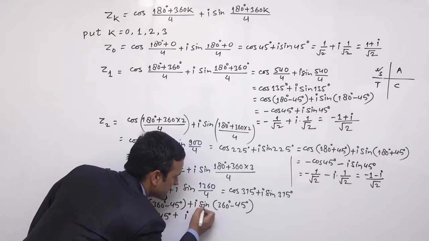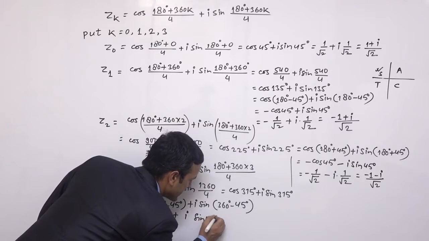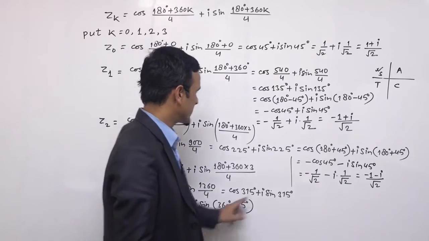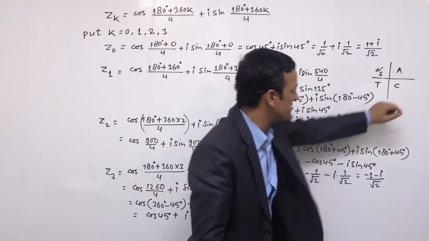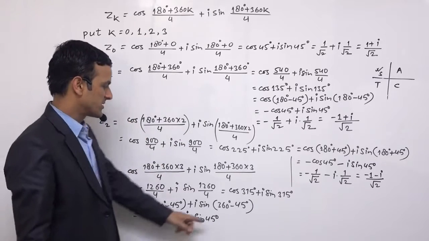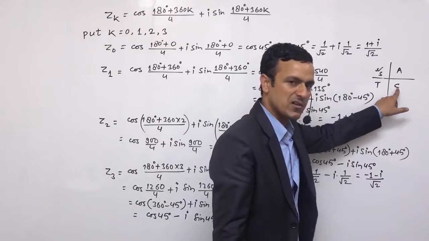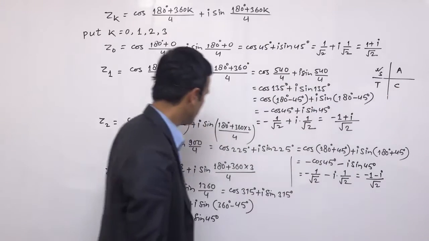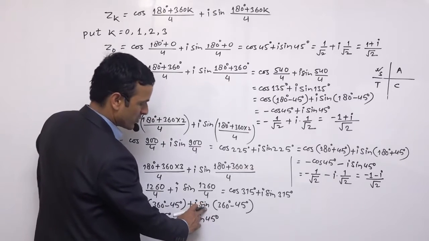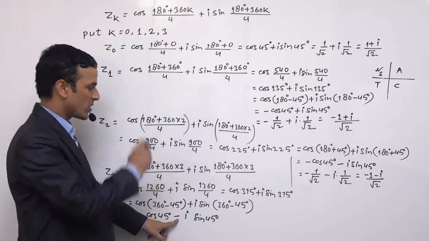And i sine 360 minus theta means sine theta, but the sign is negative over here. In the fourth quadrant only cos and sec are positive, but here we have sine, so sine is always negative in this quadrant.